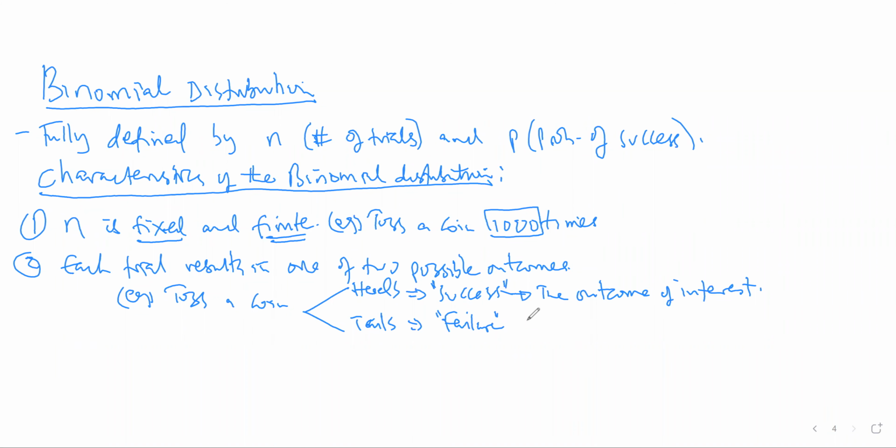This statement just means that the two outcomes are mutually exclusive. That's what we call it. They both cannot occur in the same trial, and they're also collectively exhaustive.